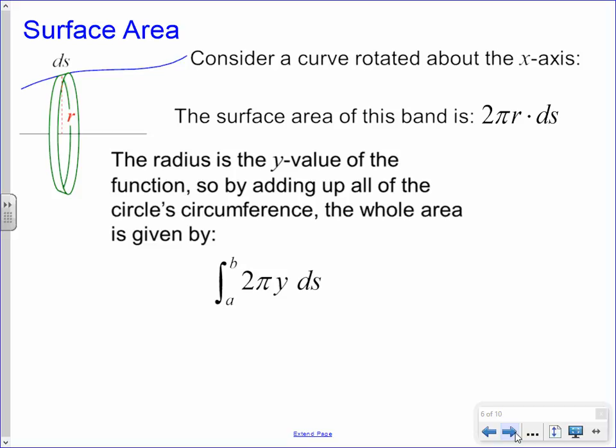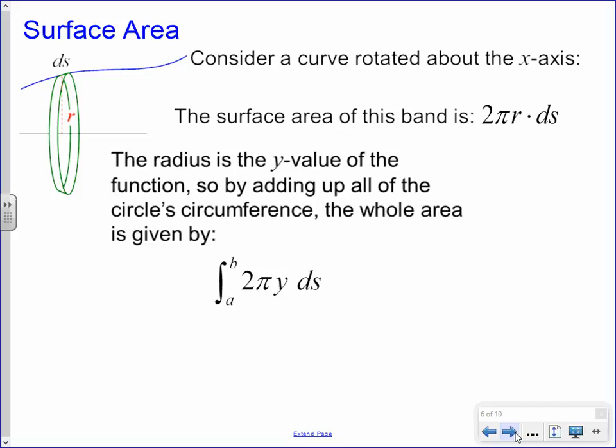If we add all of those up using an integral, right now I have just 2 pi y, where y is our radius.